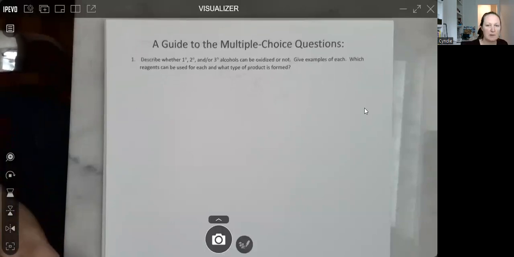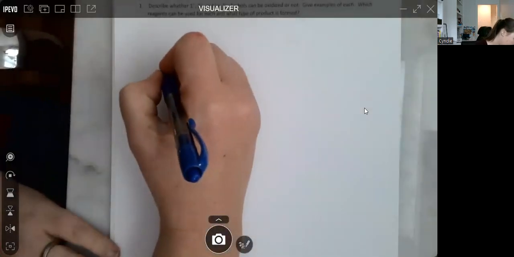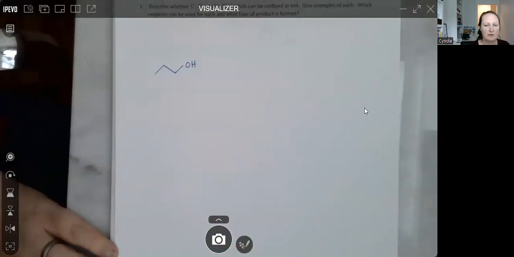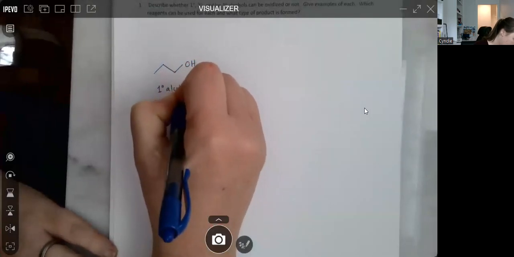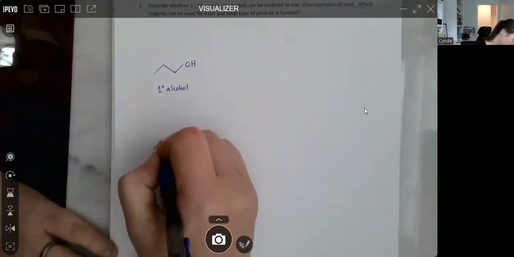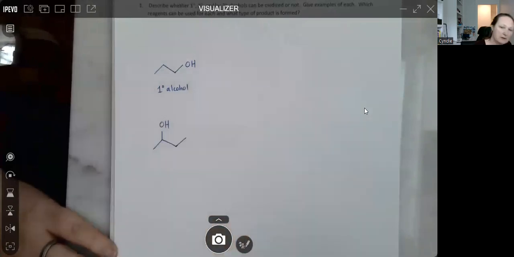Okay, so I'm going to go ahead and draw out a primary alcohol. And you could have drawn a different one, that's fine. And then an example secondary alcohol. Let's do 2-butanol.